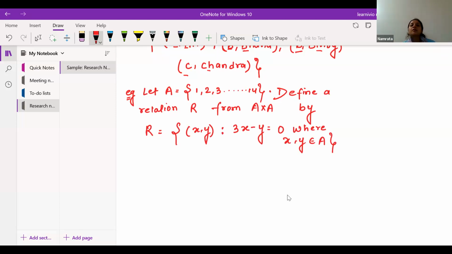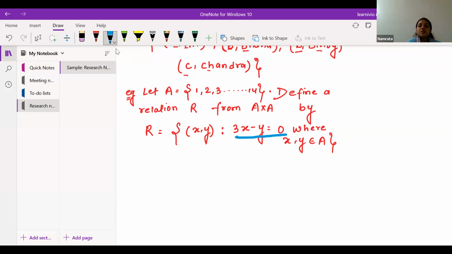Now we have to make the list of all ordered pairs which will satisfy this condition. Here the condition is 3x minus y is equal to 0. So we have to keep in mind that this condition must be satisfied while making the list of ordered pairs.